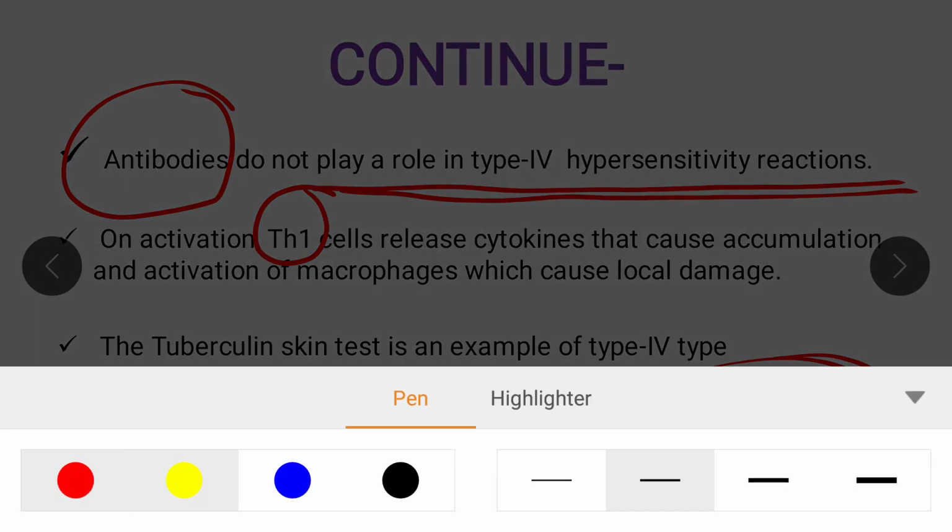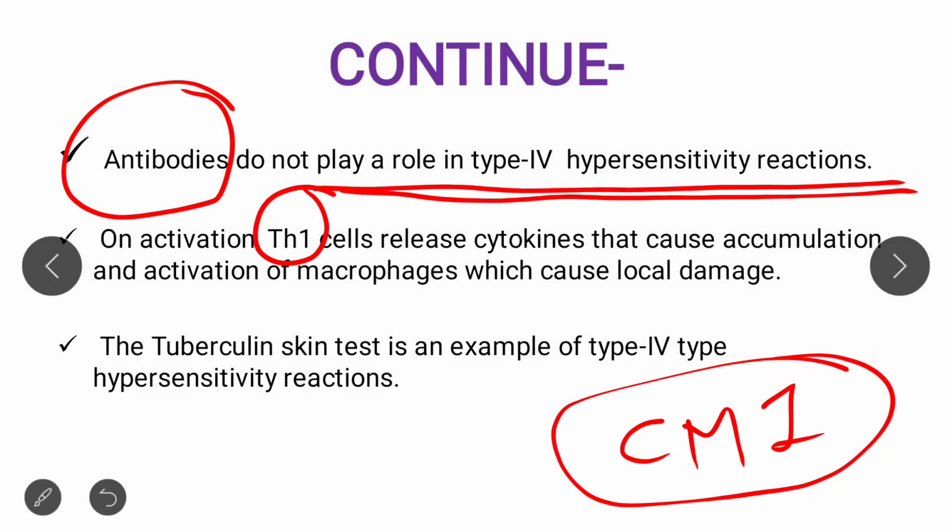So basically, what is the function of TH1? TH1 basically releases cytokines, and these cytokines accumulate there and lead to the activation of macrophages, which cause local damage.